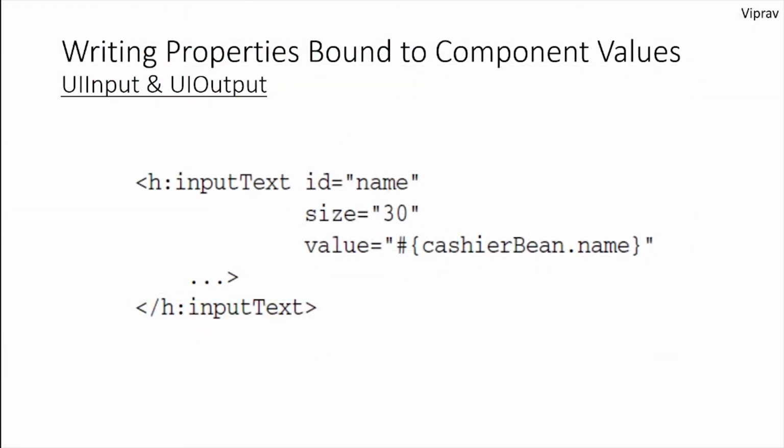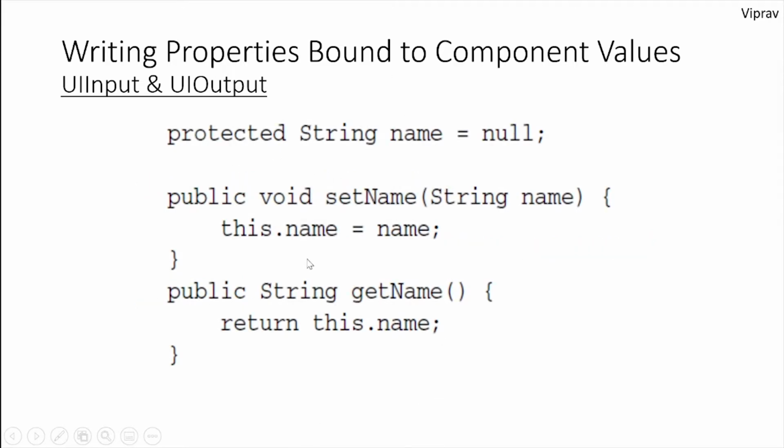To get an example of what I'm talking about, let's take the UIInput and UIOutput tag example. Here you can see that you have your EL, your expression language, which is getting the name property from your cashier bean managed bean.